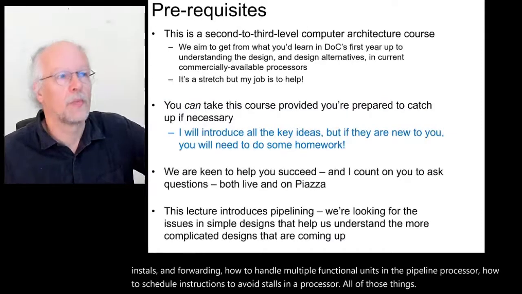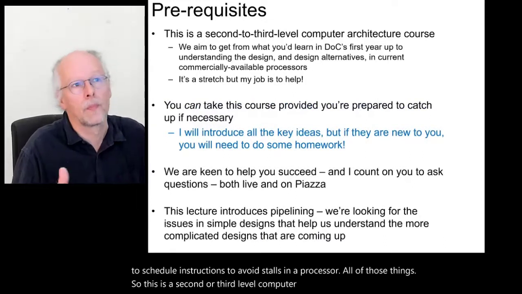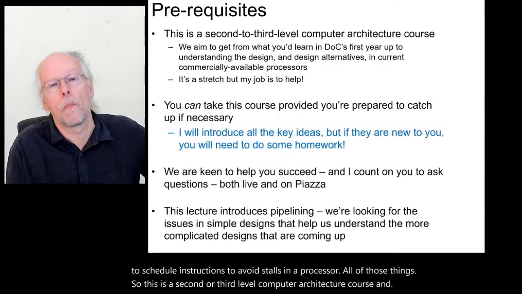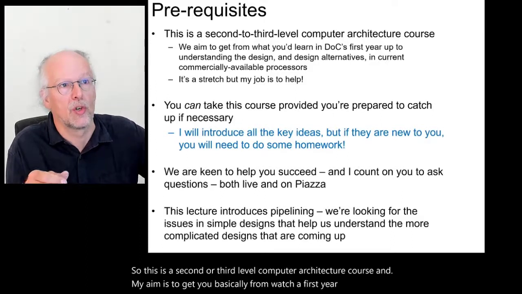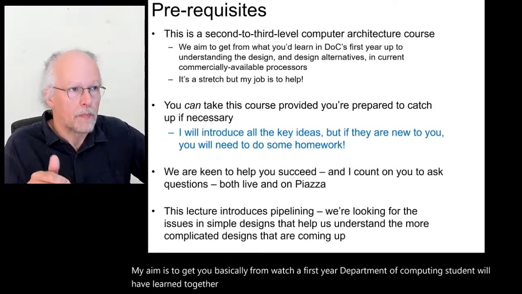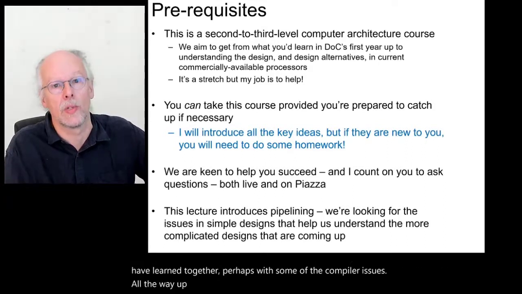So this is a second or third level computer architecture course, and my aim is to get you from what a first year Department of Computing student will have learned, together perhaps with some of the compiler issues, all the way up to understanding the latest commercially available processors.